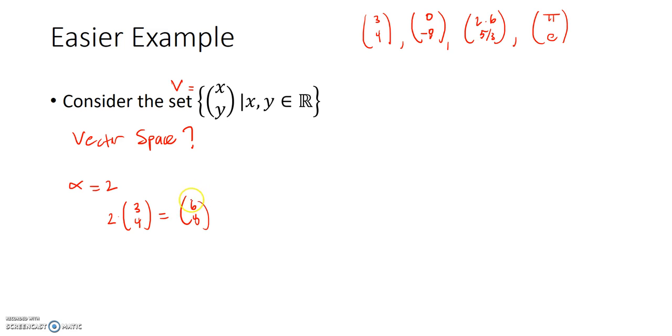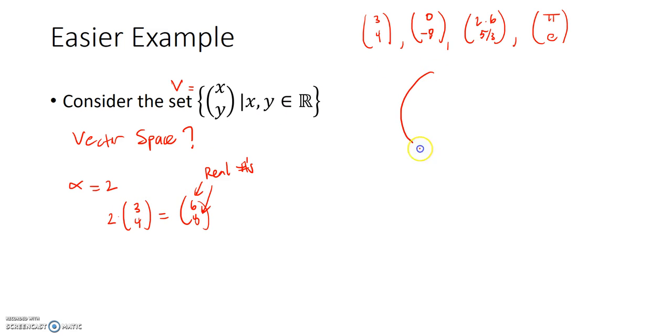And is this still inside of the set? Well, yeah, because any vector where both the top component and the bottom component are real numbers is still inside of that set. So in this case, at least this scalar multiplier of 2 produces a vector that's still inside of the set.